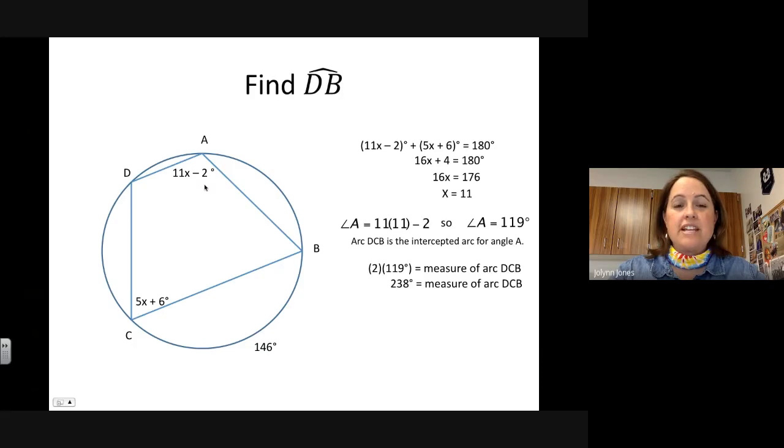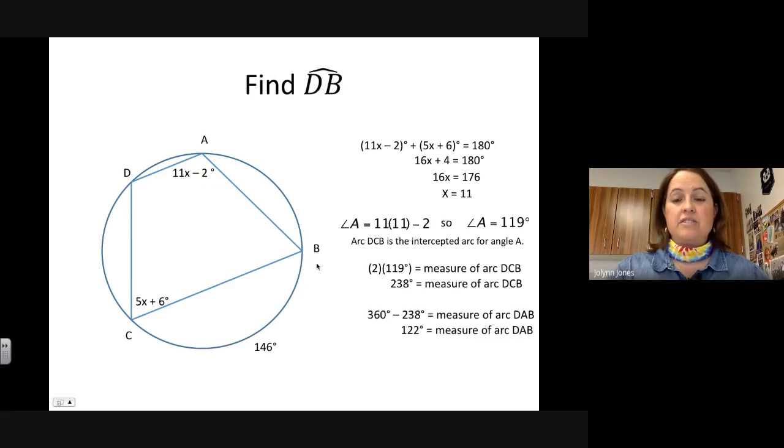So if I do 119, because I know that's angle A now, times 2, then that's that whole big arc, that major arc DCB. A major arc is just an arc that's bigger than 180 degrees. So I know that arc is 238 degrees.